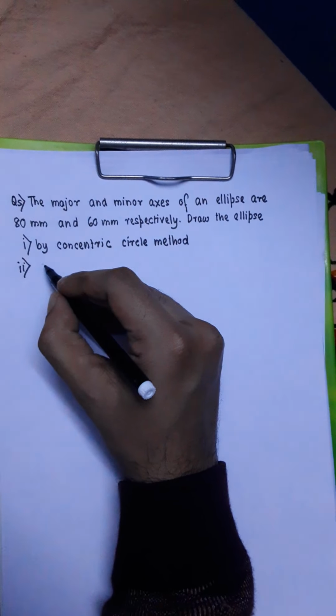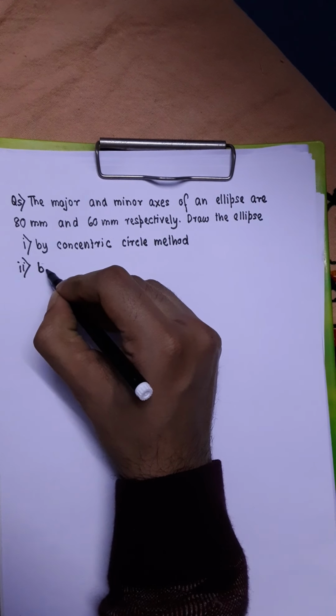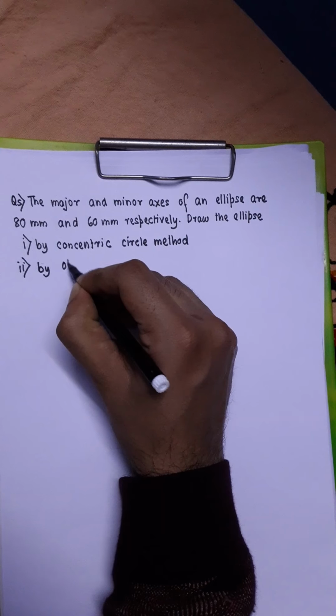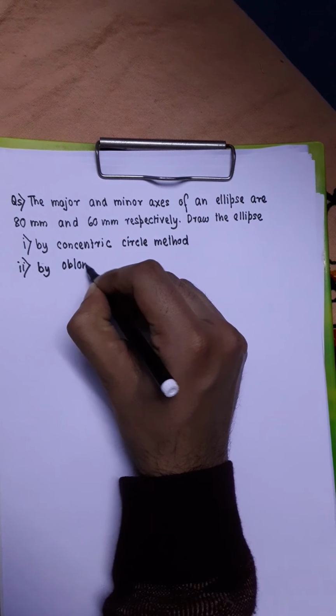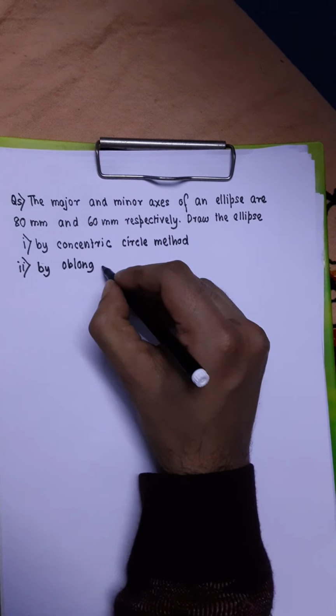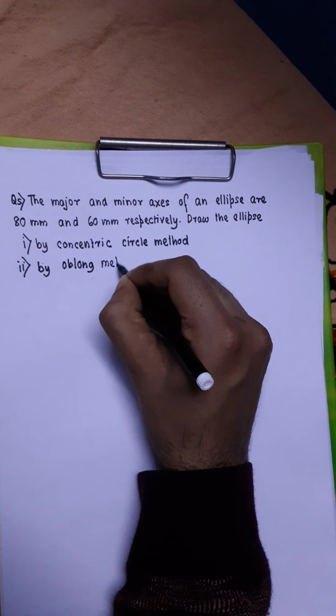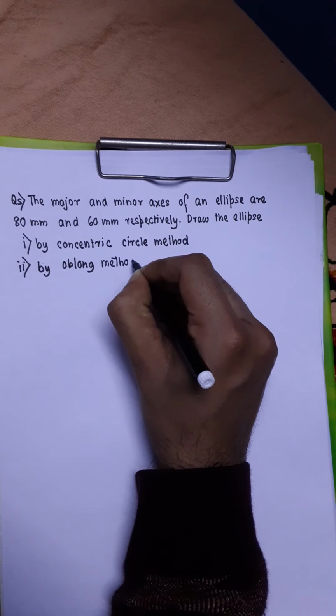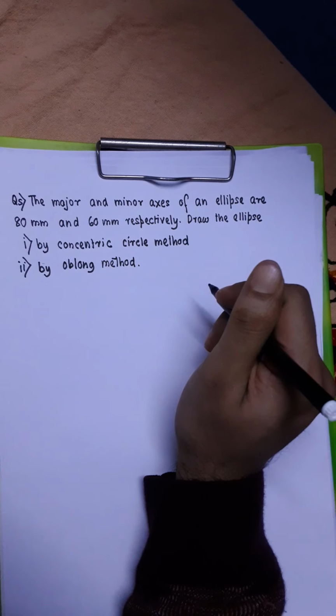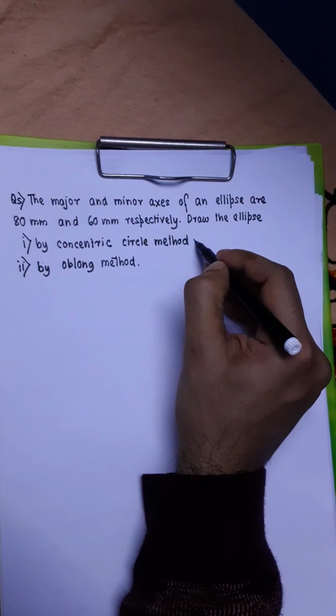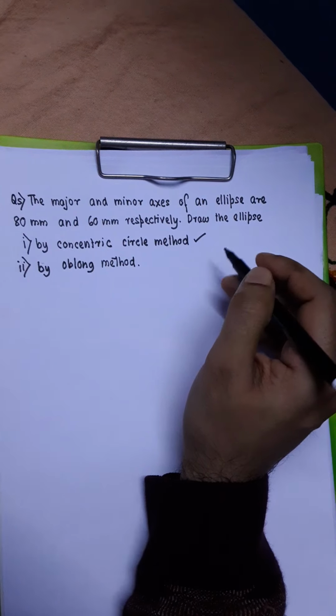And number 2, by oblong method. So first we will see what this concentric circle method is all about.